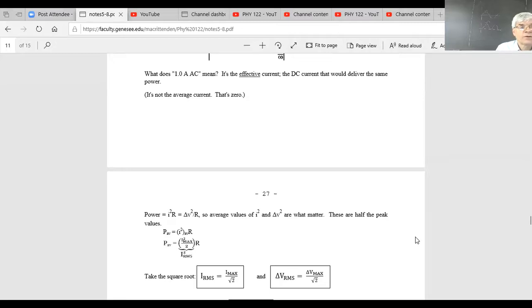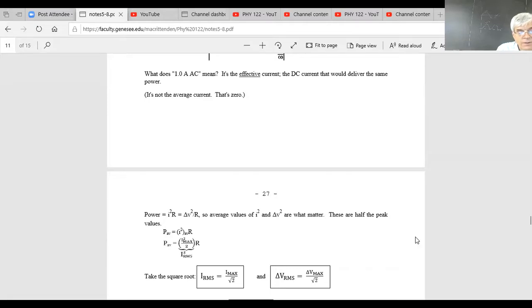Sine squared maxes out at 1. The average of sine squared is 1/2. So the average power is I max squared over 2 times R.